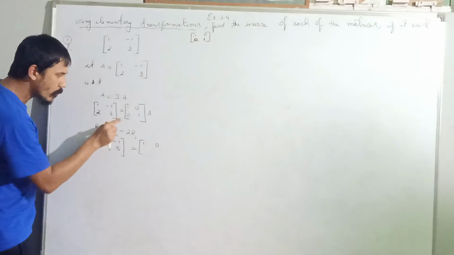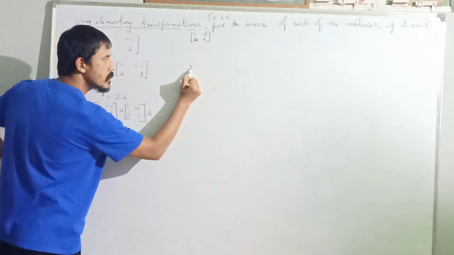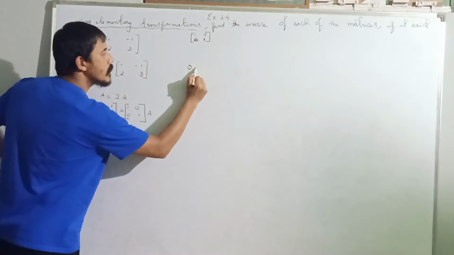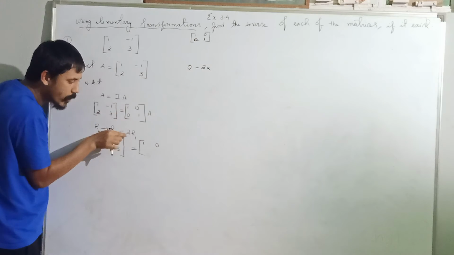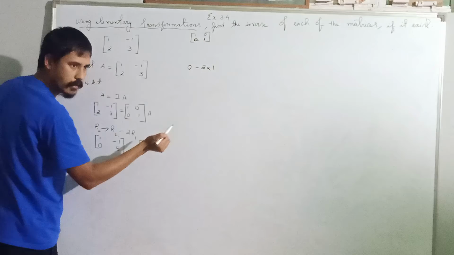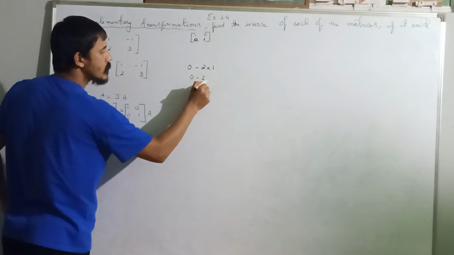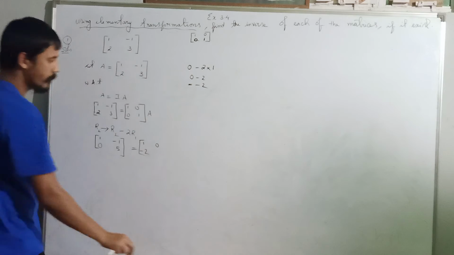The first element of R2 is 0, minus 2 into the corresponding R1 element, which is 1. So that's 0 minus 2, which is minus 2.